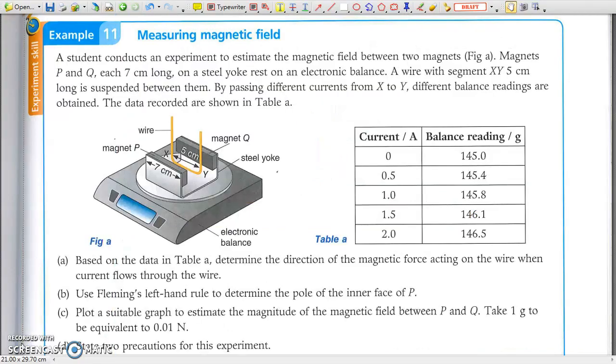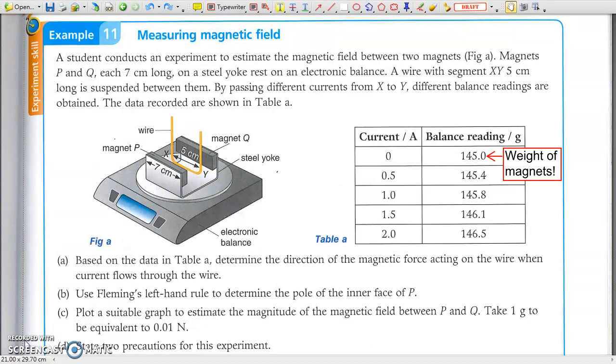Example 11. Measuring magnetic field. In this example, a digital balance is used to measure the magnetic force on a pair of magnets. Note that the orange wire is fixed in position, and so only the magnets may move, which will then change the reading of the balance.